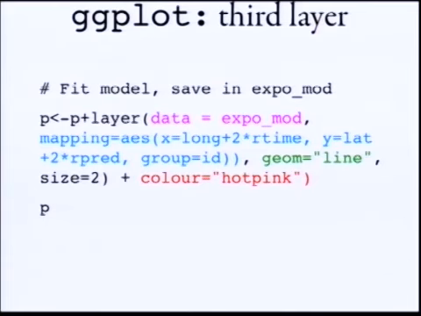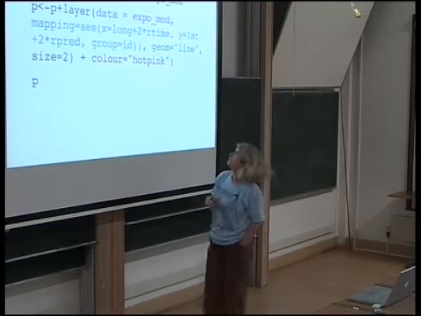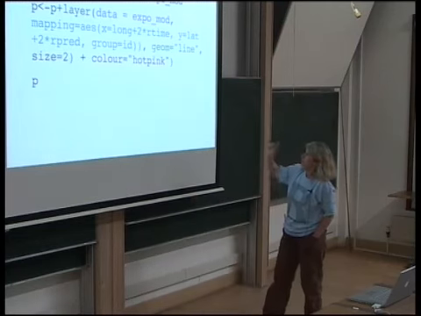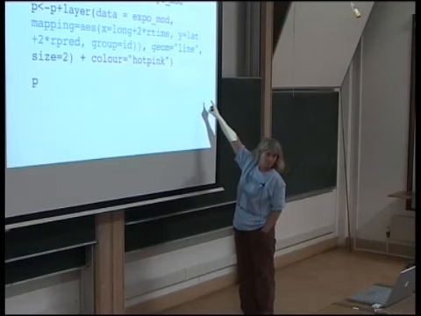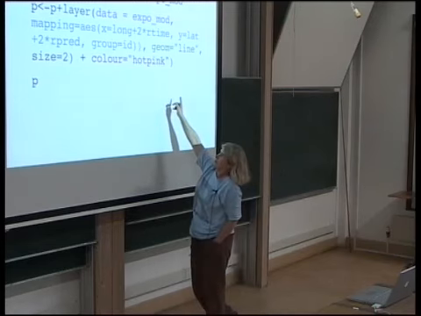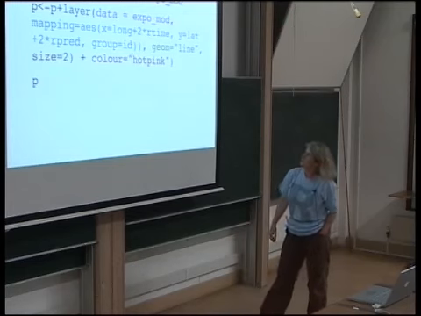This is a third data set that's being overlaid, which is the regression model. Again, the only thing that actually changes is I'm showing the predicted values in the vertical axis, changing the data set and using a line geom and setting the color to be that.